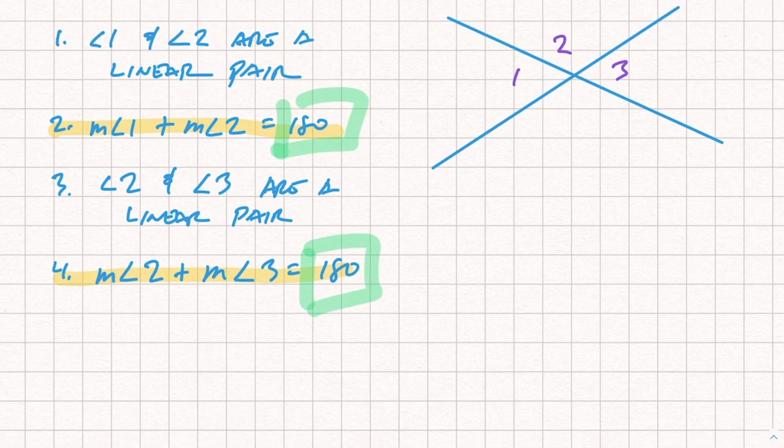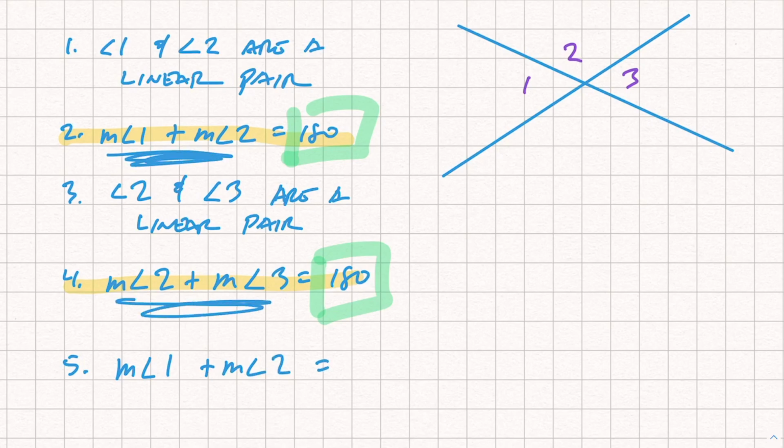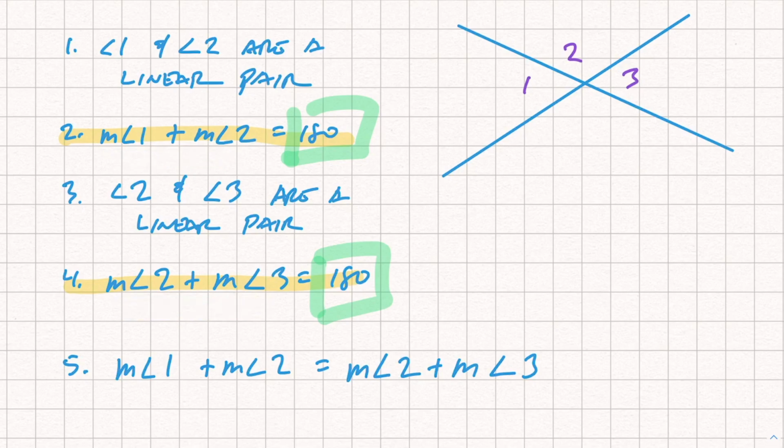So if they both equal 180 degrees, I can also say that the left side, with substitution, that the measure of angle 1 plus the measure of angle 2 equals, so this side equals this, the measure of angle 2 plus the measure of angle 3. Because if they both equal 180, they both would equal each other. Okay?